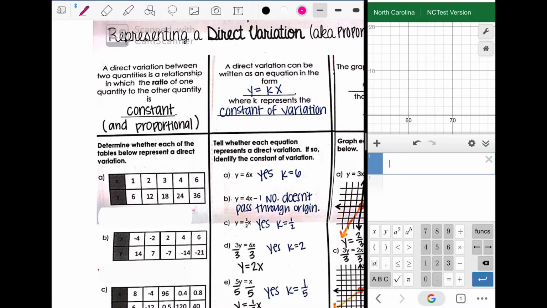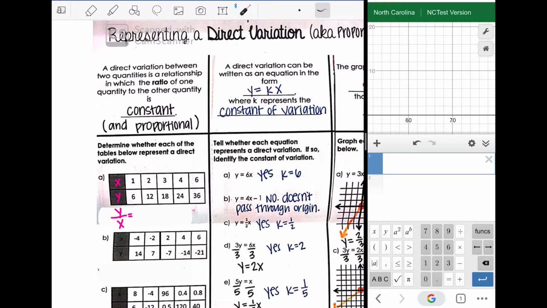So what that looks like is when you take your y values and your x values, you're going to set up a ratio of y over x. So for each y value, which are down here at the bottom, and the x's are on the top in this table, we're going to look at the y value over the x value.